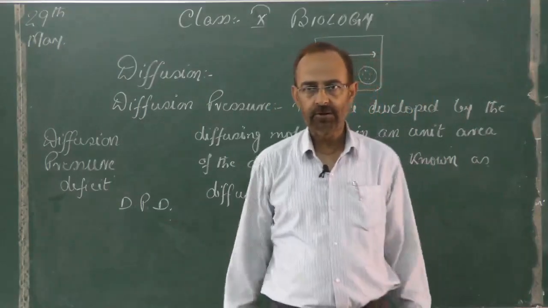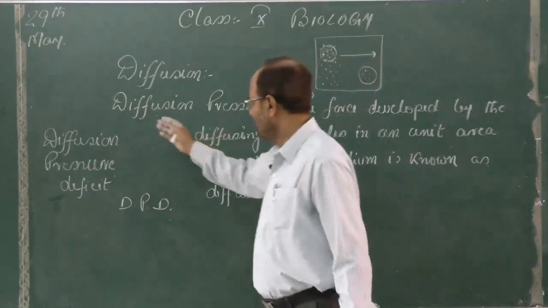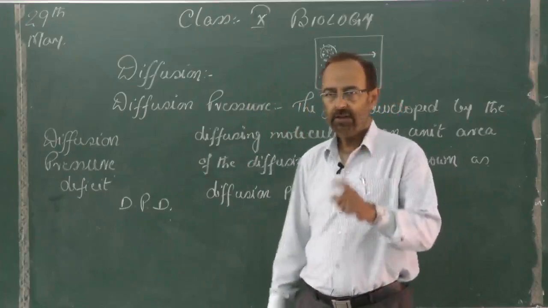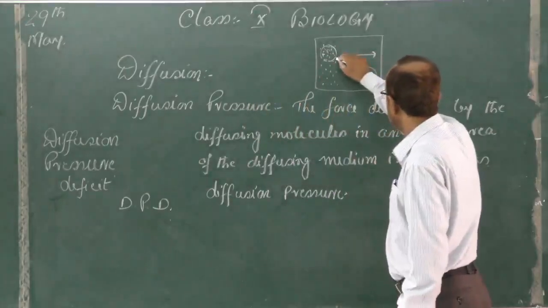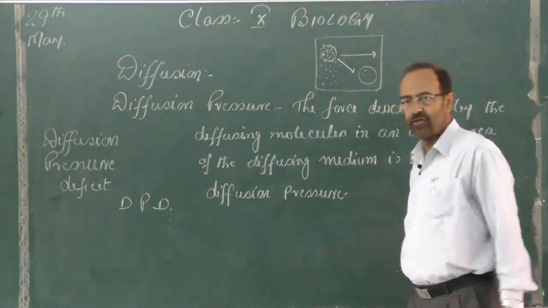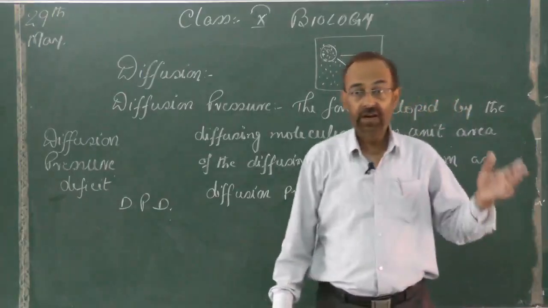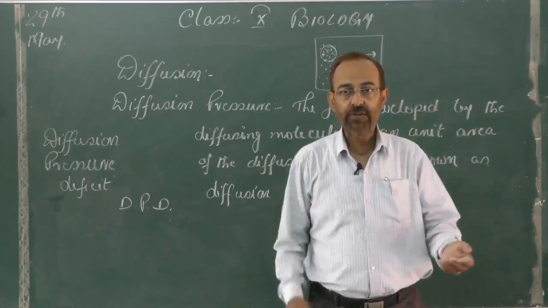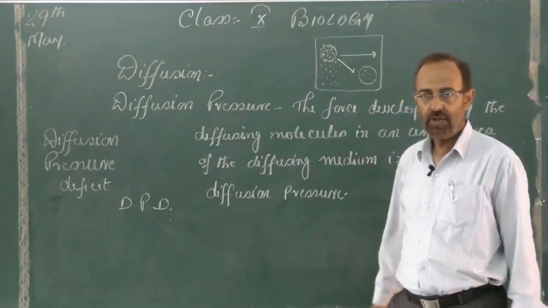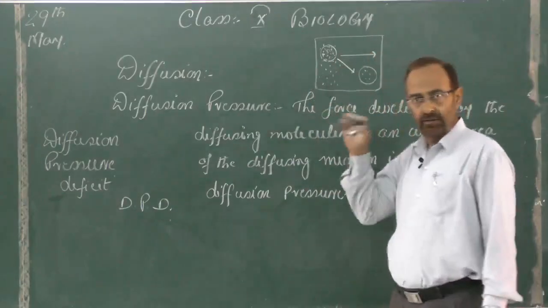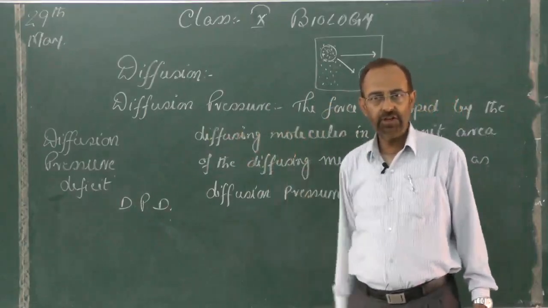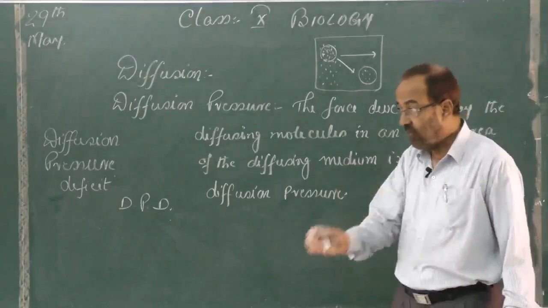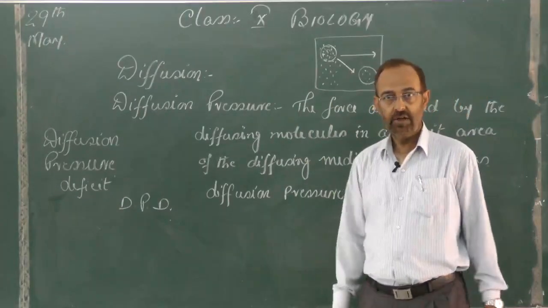Difference in the diffusion pressure. Now this diffusion pressure deficit or DPD determines the direction of diffusion, means in which direction the diffusion will occur. Definitely it will occur from an area of higher diffusion pressure to lower diffusion pressure. So it determines the direction of the diffusion, and it also determines the rate of diffusion, means how fast the diffusion will take place.